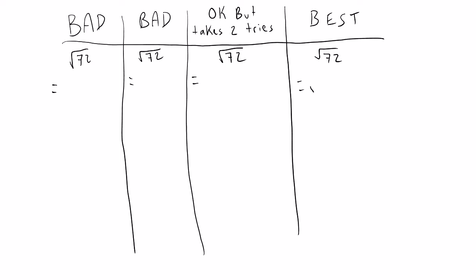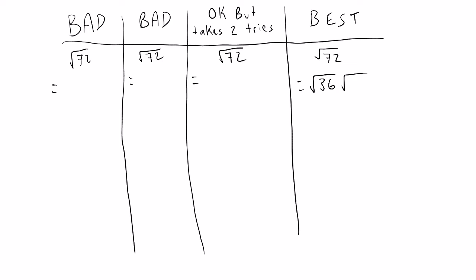The best way to simplify a radical is to find two numbers that are factors of the original 72, but one of those numbers needs to be the biggest perfect square that's a factor of 72.